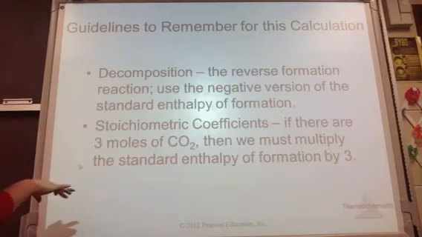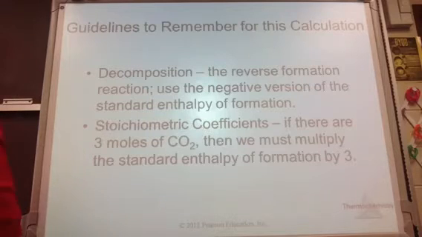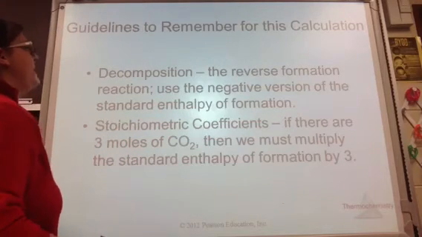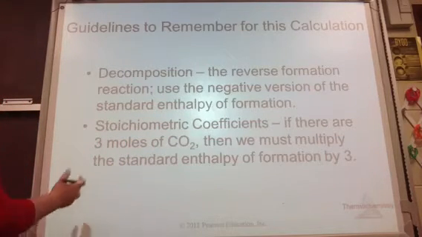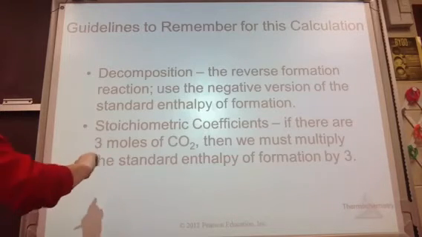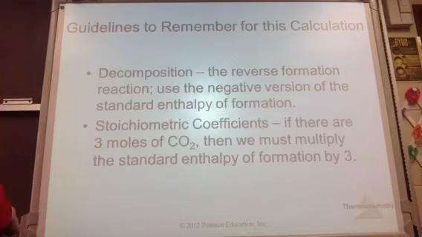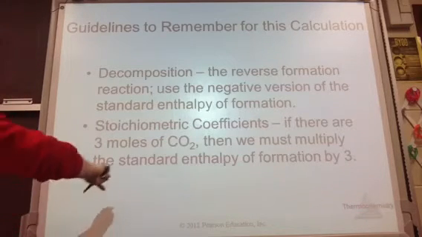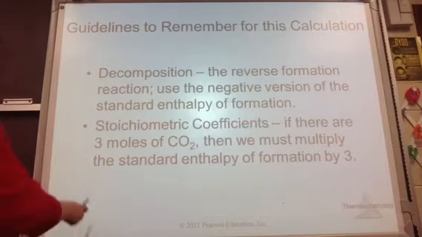Okay, so guidelines to kind of help remember. Decomposition is the reverse formation reaction. So I think, remembering overall in general for anything, decomposition reactions reverse formation reactions, so I would just use the opposite version of that. So if my delta H value for a decomposition reaction was positive, then if I reverse it, it would be negative.